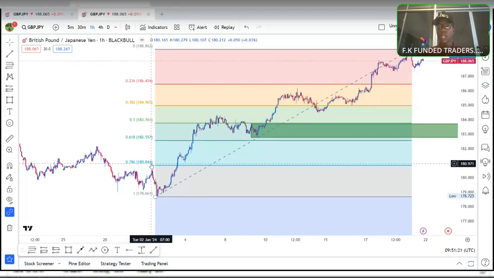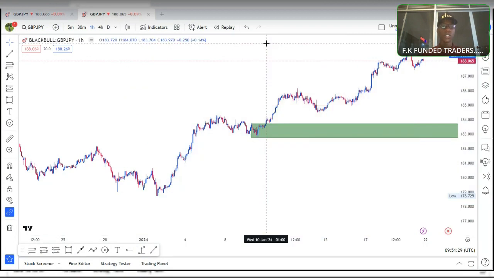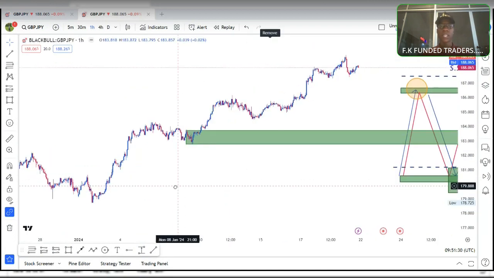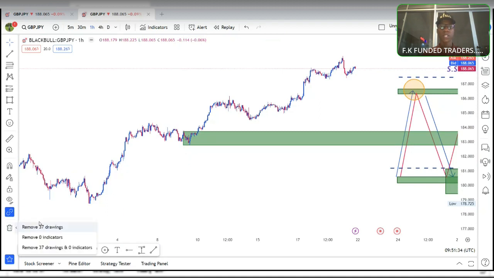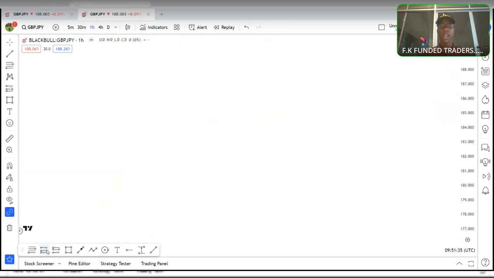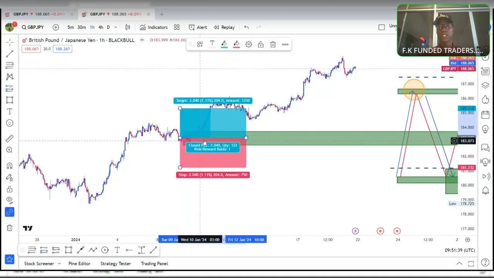If you look now, after doing that, you can remove the Fibonacci and you see, the market respected that level and waited for the retracement to that level. Then up to date, the market was still moving upwards.